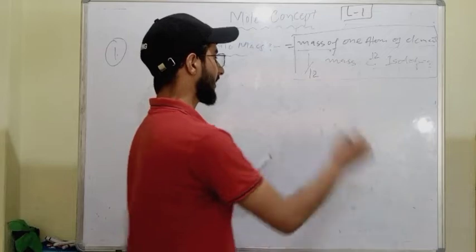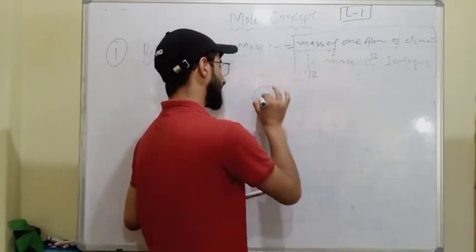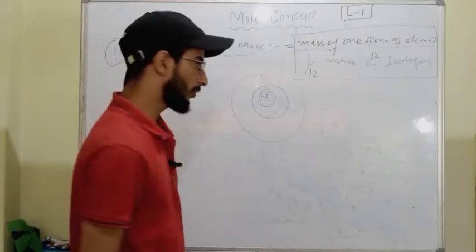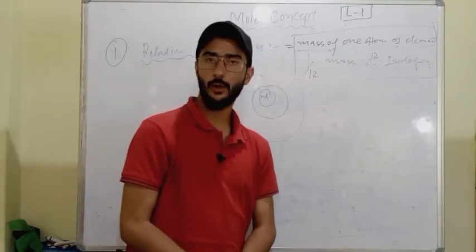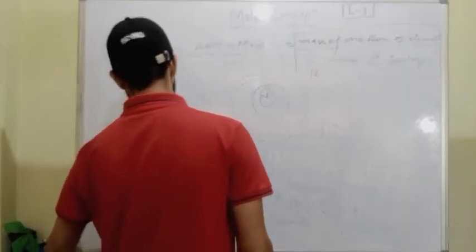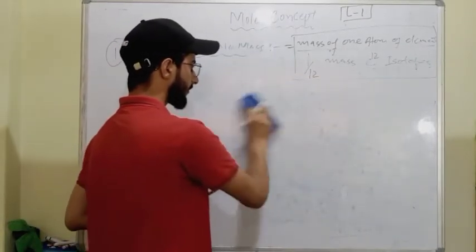If I am getting the number of nucleons in the nucleus, and we know that the masses of the nucleons are approximately the same, and the mass of an atom is only because of two important nucleons.